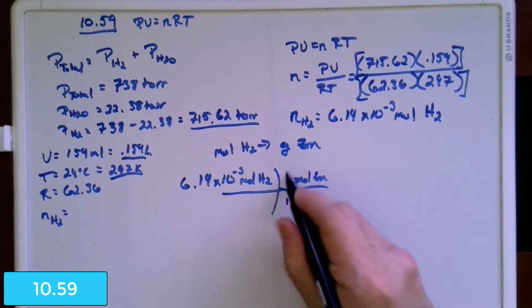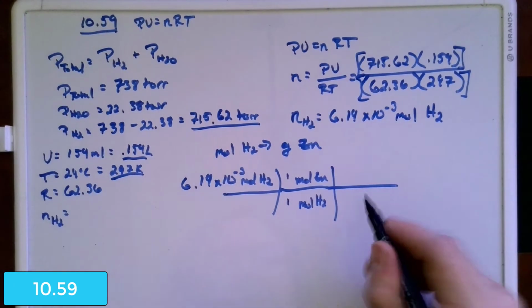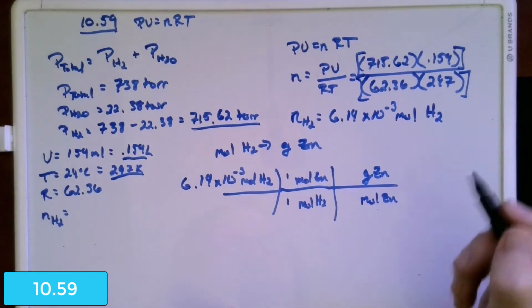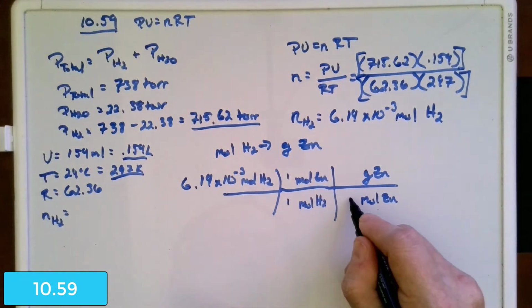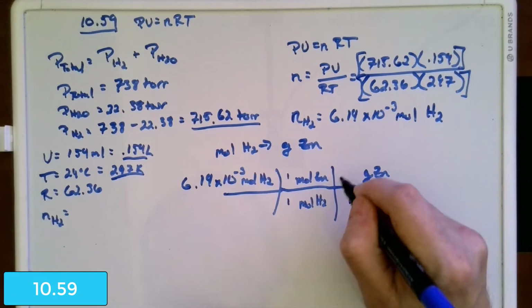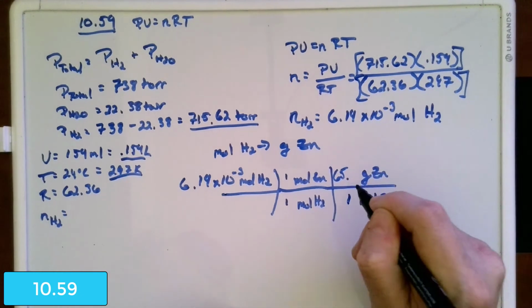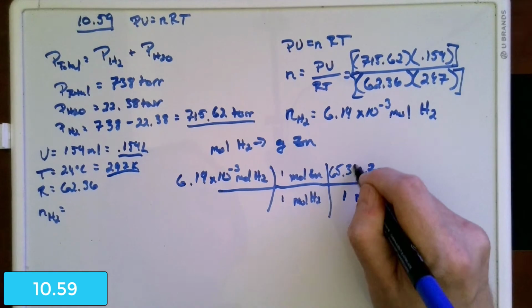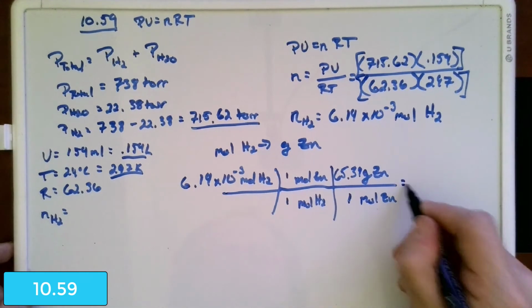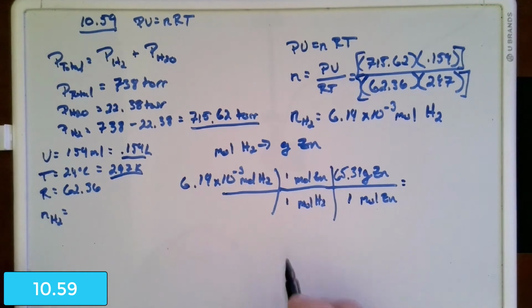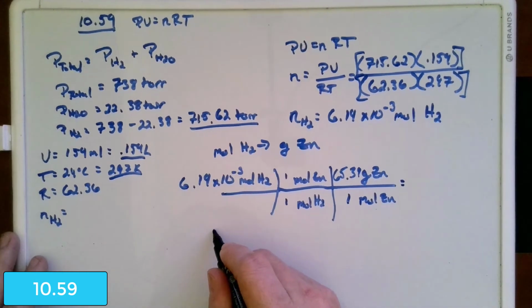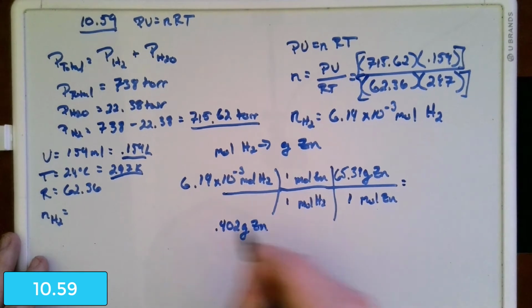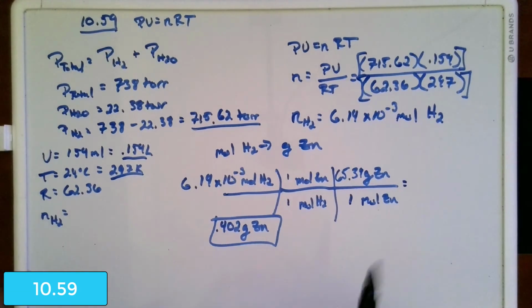That's a nice easy 1-to-1 ratio. Then I will cancel moles of zinc and convert to grams of zinc that the problem is asking for. This is molar mass. 1 mole of zinc has a molar mass of 65.39. And then we can solve. Once you work this out, you end up with the grams of zinc equaling about 0.402 grams of zinc as our actual final answer.